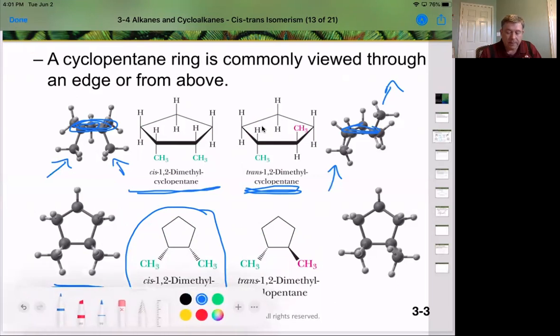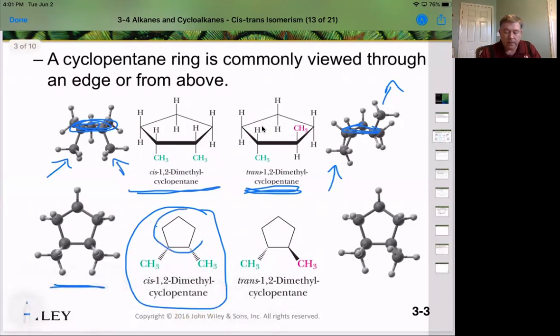A dashed wedge means it goes into the plane, and a solid wedge means it comes out of the plane. So we could have them both solid wedges or both dashed wedges, and it would be the cis configuration. If one is solid and one is dashed, then we have the trans configuration.